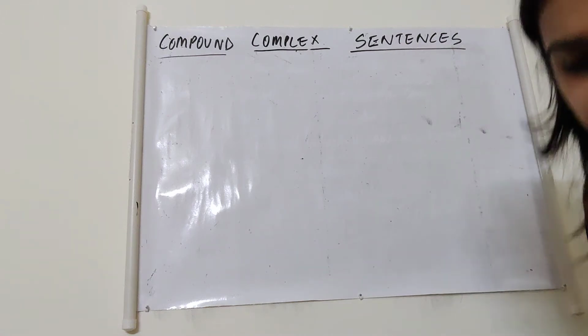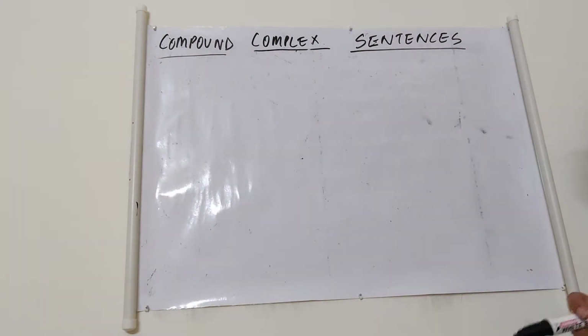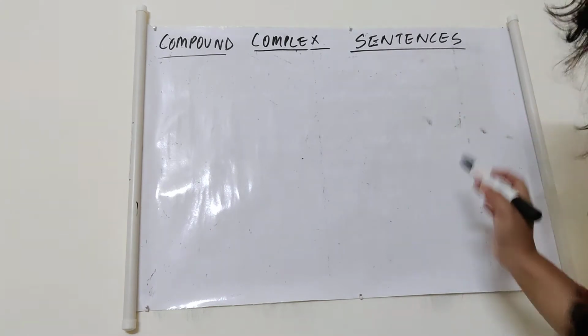Now, children, moving on to the next and the last type of sentence, which is the compound complex sentences.